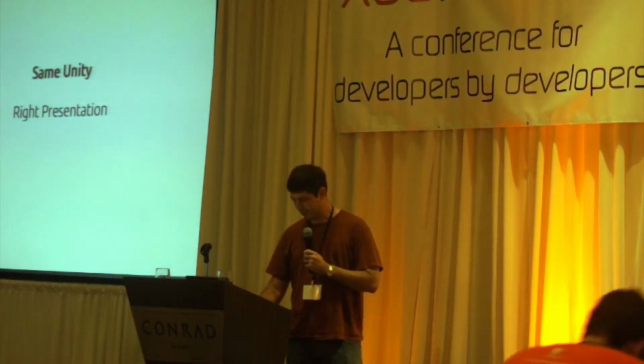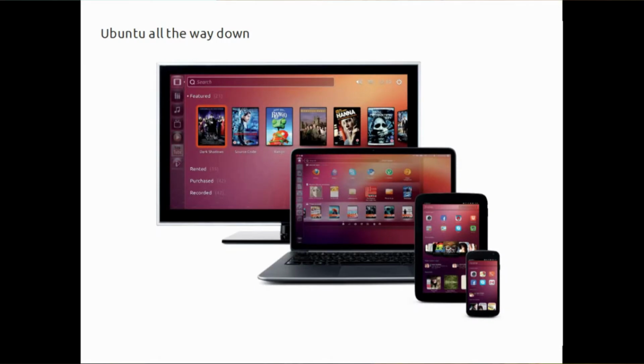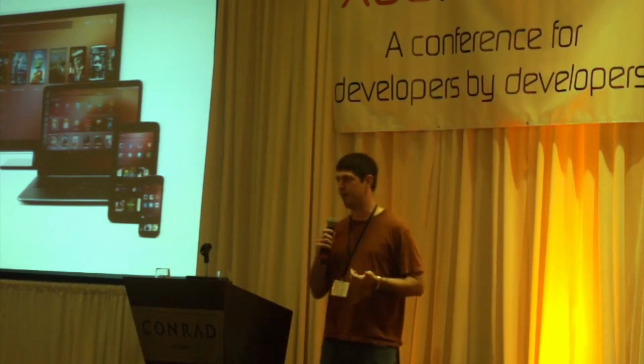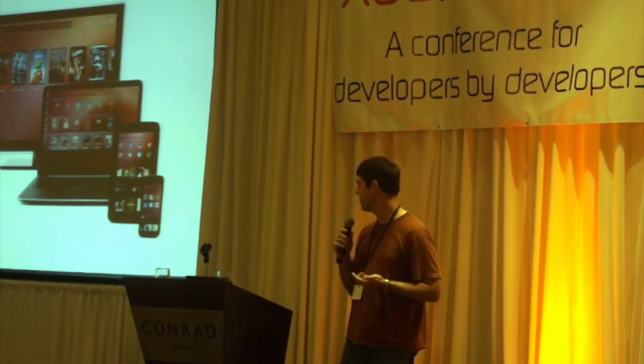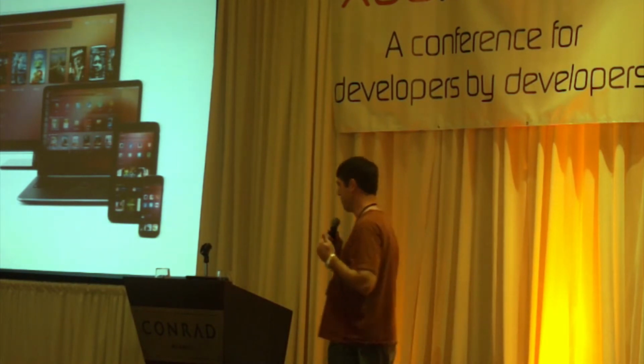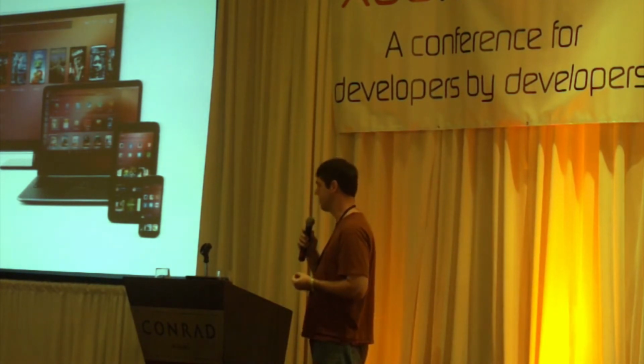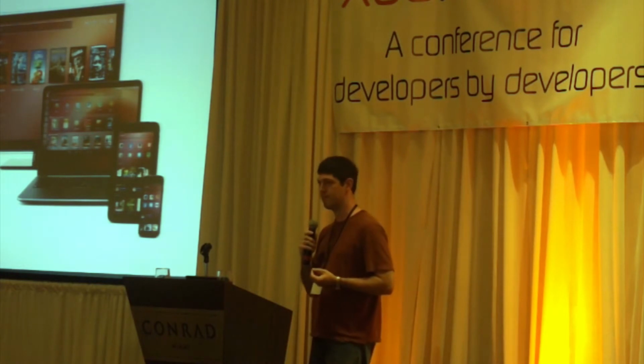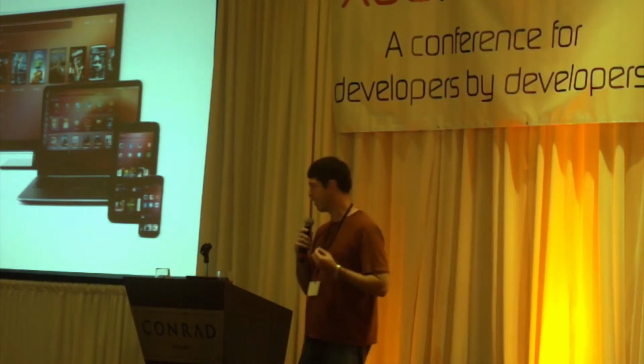And as you can see, if I go back, on all of our different form factors, it looks different. And it's tailored to work for that form factor and the specific input that you have for that form factor. But underneath, as far as the API is concerned, as far as the services are concerned that you will be interacting with as a developer, it's all the same across all of them.